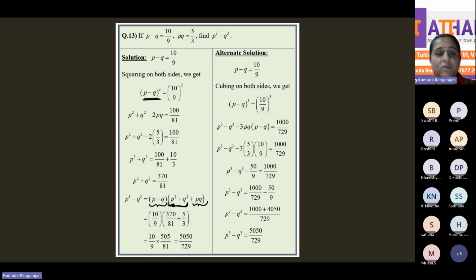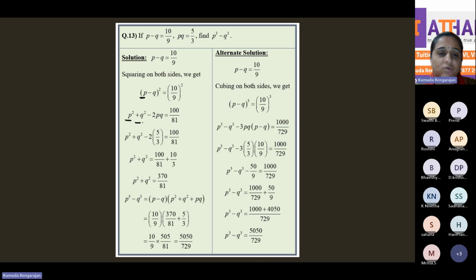This is a minus b the whole square, so a square plus b square minus 2ab. It's always a square plus b square. It's plus 2ab if it is a plus b the whole square. It is minus 2ab if it is a minus b the whole square.